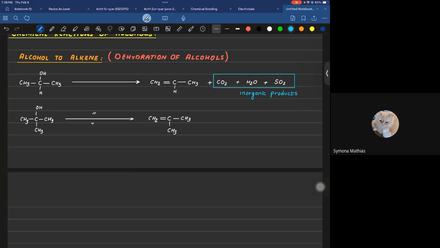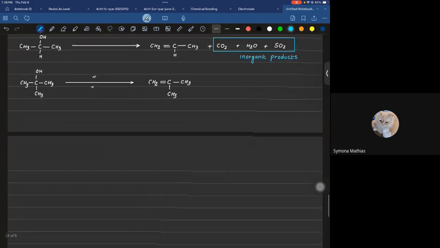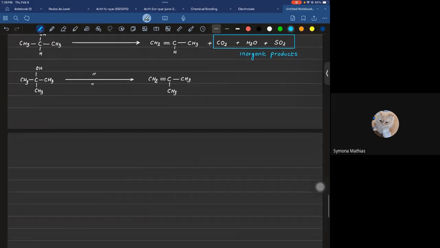What are the reagents and conditions for this reaction? So remember, reagents and conditions.